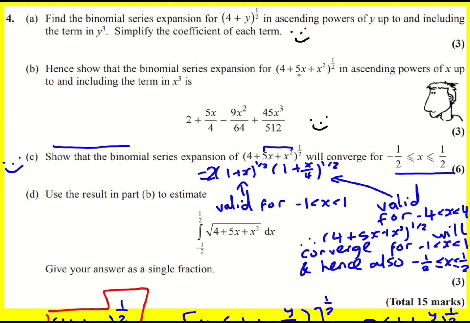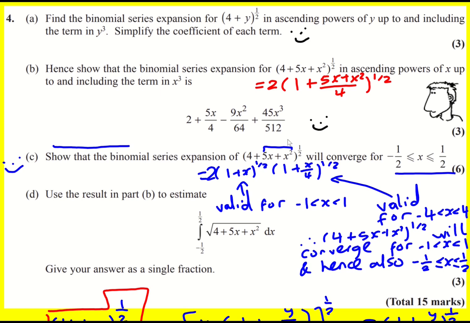If we didn't factorize it, then what we'd do is we've got the 2 outside, and then 1 plus 5x plus x squared all over 4 to the half. That's how we can rewrite it, just like I did earlier on.